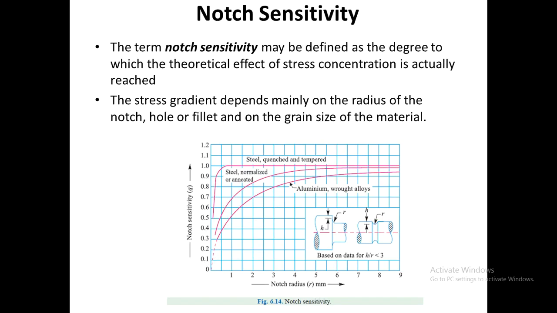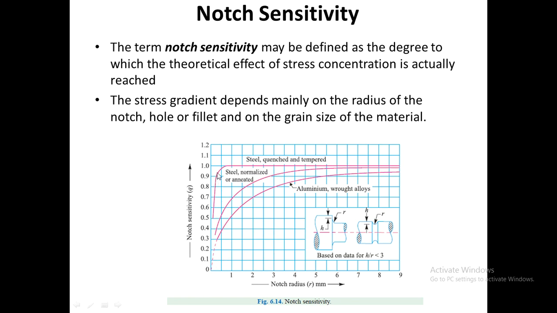The term notch sensitivity is nothing but the degree to which the theoretical effect of stress concentration is actually reached. The stress gradient mainly depends on the radius of the notch, the hole or the fillet, and also on the grain size of the material. Here we can see the relationship between the notch radius and the notch sensitivity.